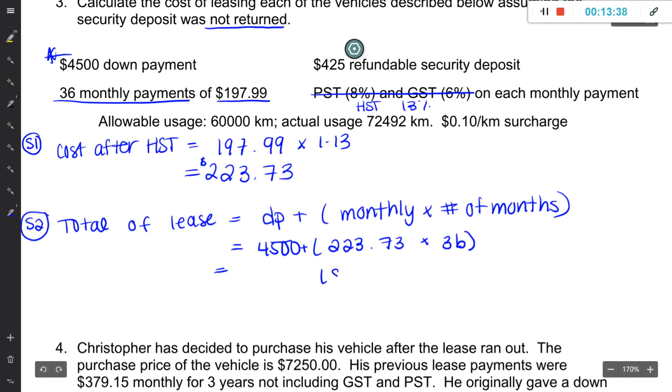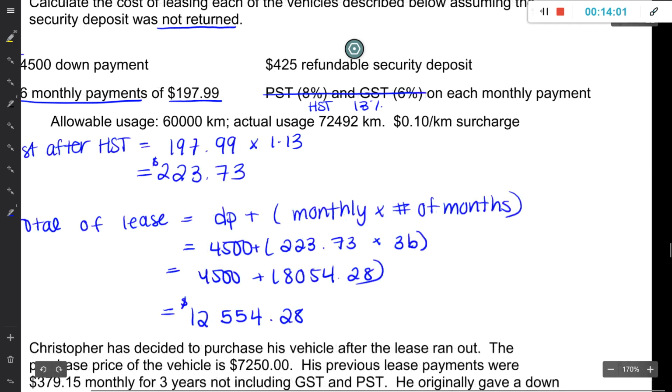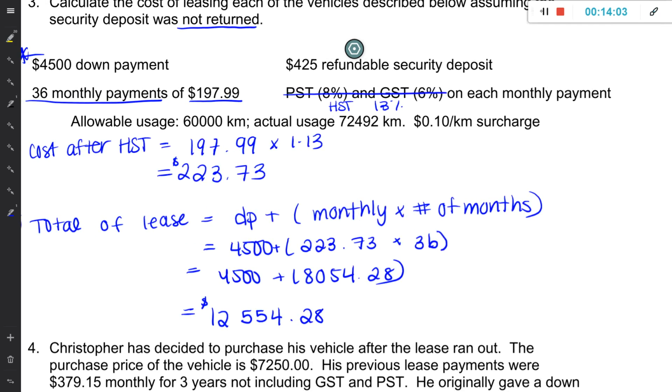So that I got was 8054.28 plus 4,500. And that gave me $12,554.28. Okay, that's how much he would pay if he got the security deposit back.